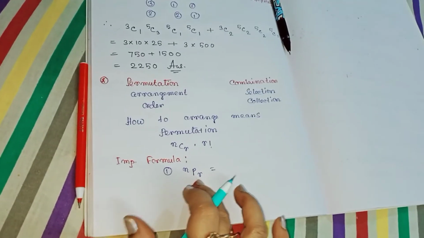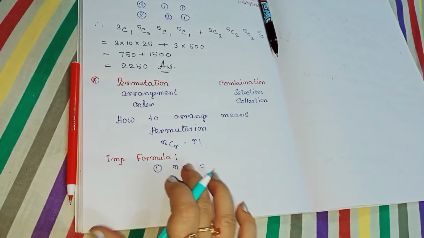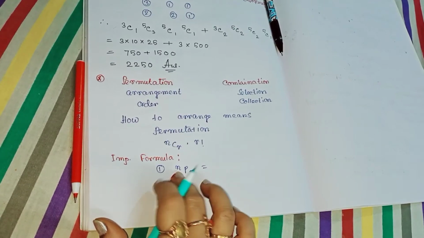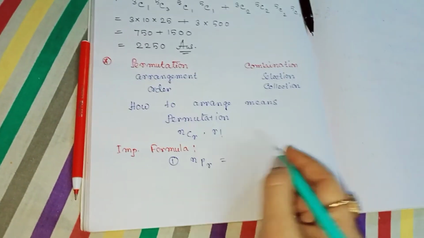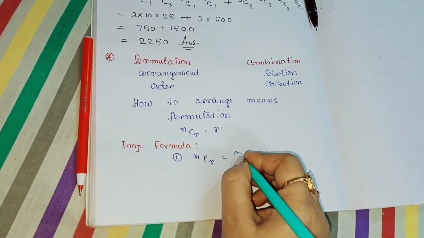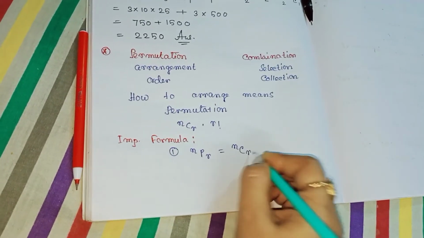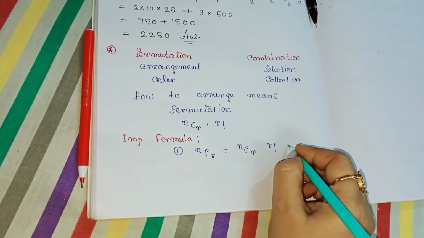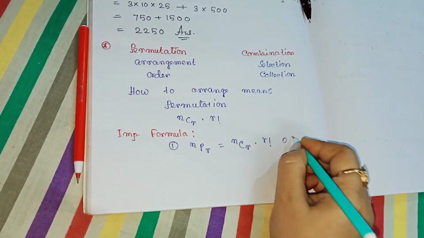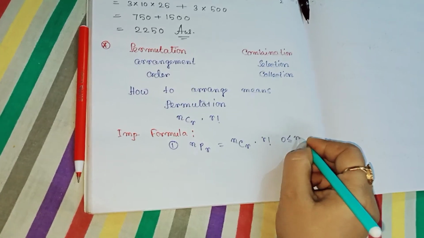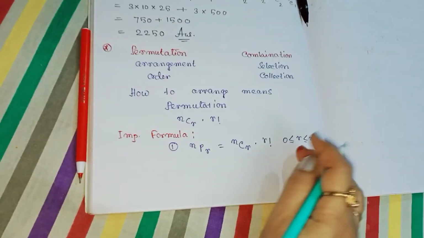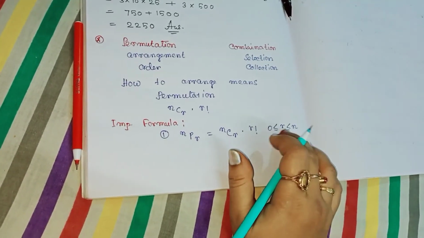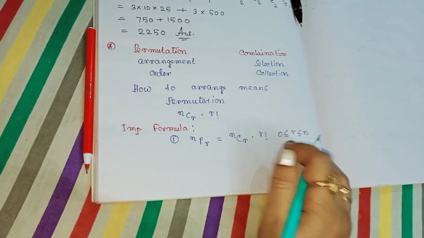NPR is the permutation where the total number is N and the selection is R. I write it simplified as NCR into factorial R, where R always lies between 0 and N. As N is the total, R must be less than or equal to N and greater than or equal to 0.